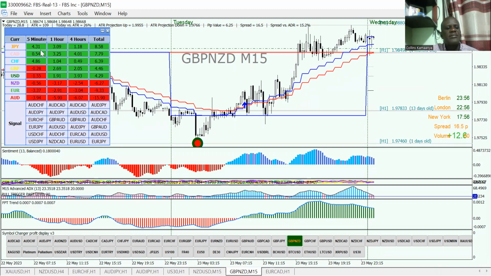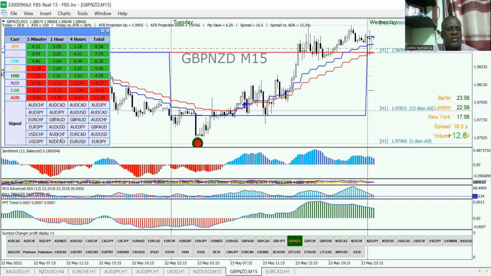So if you are trading 15 minutes, you can opt for these top six pairs under the 15-minute time frame. How about this? AUD/CHF, AUD/JPY, EUR/JPY, USD.